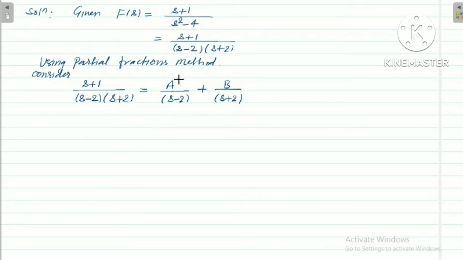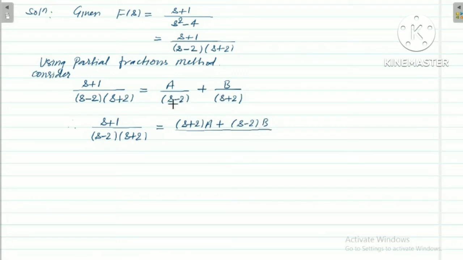Now what do we have to do? We have to determine the constants A and B. First we write s plus 1 divided by (s minus 2)(s plus 2) equal to, just cross multiply: we multiply s plus 2 with A and s minus 2 with B, so this becomes A(s plus 2) plus B(s minus 2), divided by the product (s minus 2)(s plus 2).